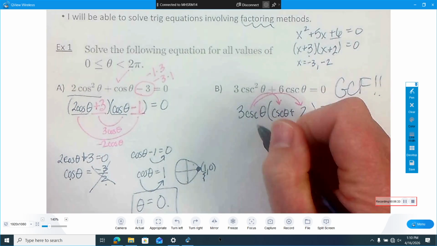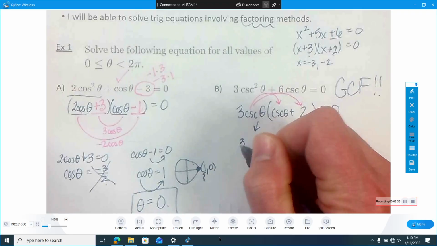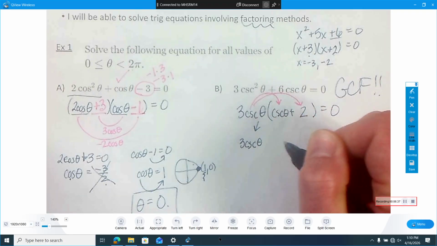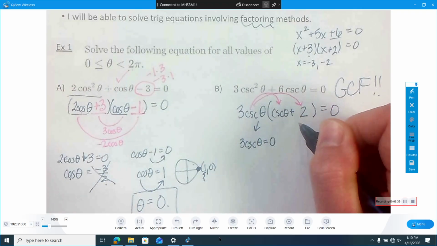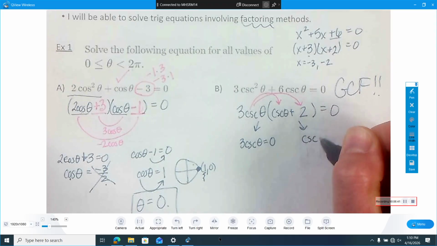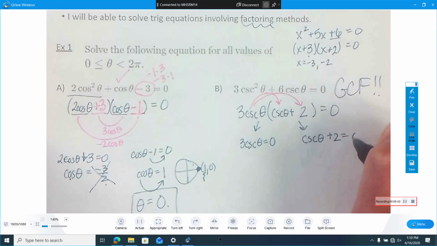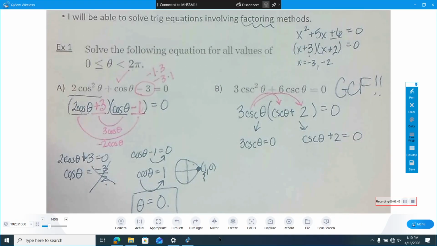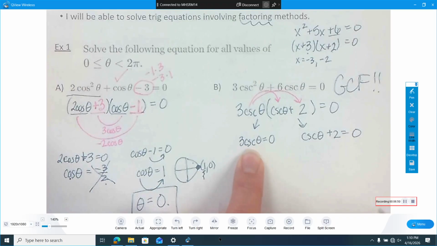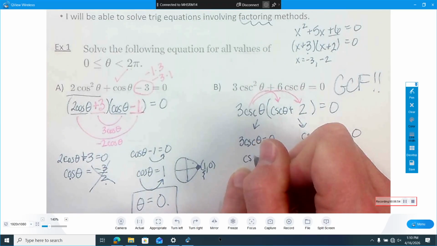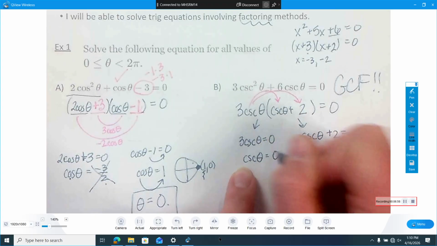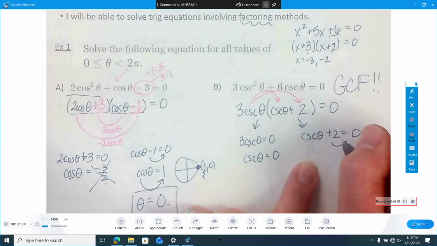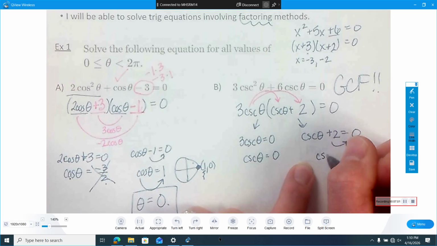So we did that right. And now again, we just set each thing, each bubble, equal to 0. Let's see, I want to go ahead and get cosecant by itself, so what should I do? Divide by 3, that doesn't do much for me. 0 divided by 3 is still 0. Here I'm going to move the 2 over, so that's going to be cosecant theta equals -2.